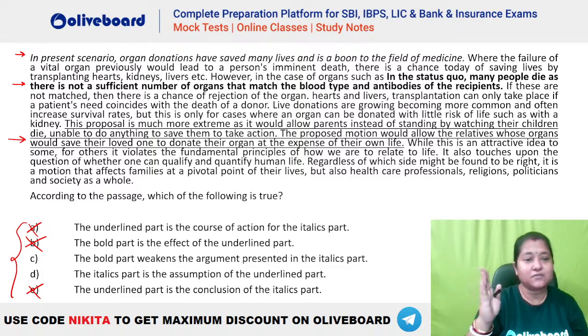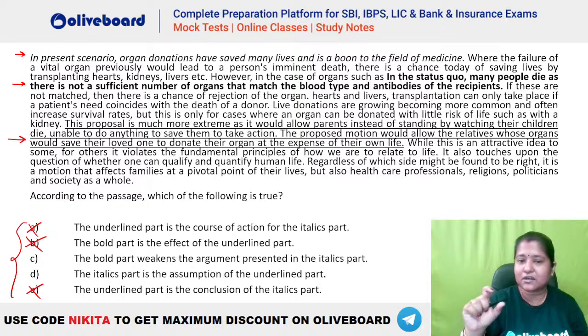So let's say in the present scenario, organ donations have saved many lives and are a boon to the field of medicine. Can this be taken as an assumption for the underlined part? This proposal is much more extreme, as it would allow parents, instead of standing by watching their children die, unable to do anything to save them, to take action.